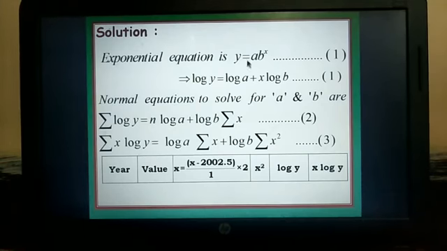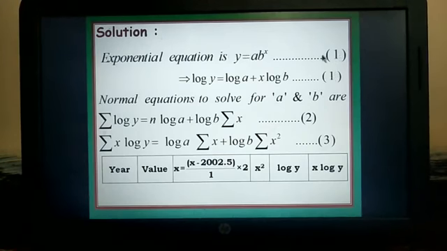These both equations are similar to each other. This is the normal form of an exponential equation, and this is the logarithmic form of the exponential equation. Since these two equations are of similar nature, let us mark both as equation 1.